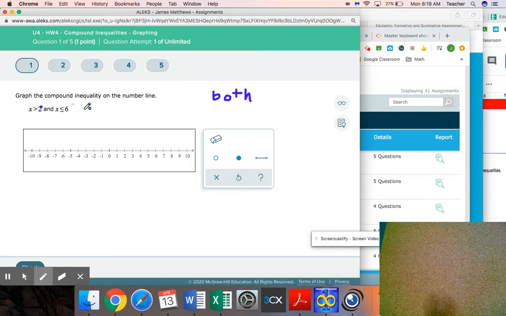First, I'm concerned about a 2, and I'm concerned about a 6. So at 2 and 6, I'm going to put some points. Let me say, for example, at 2, it's an open circle. So I'm going to click this, go to 2. And then at 6, it's going to be a closed circle.